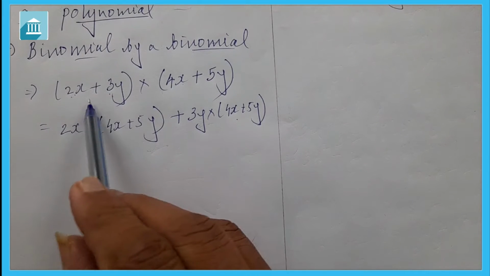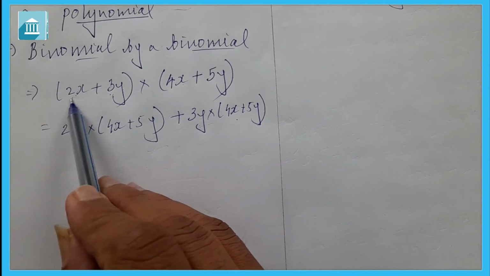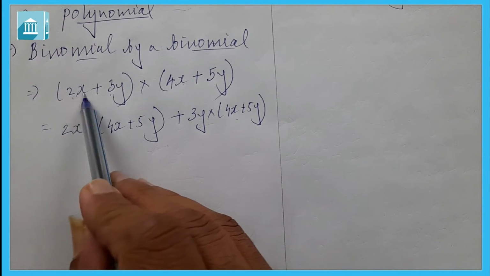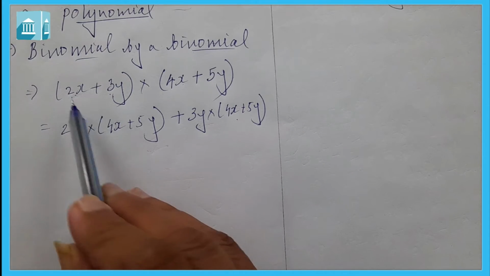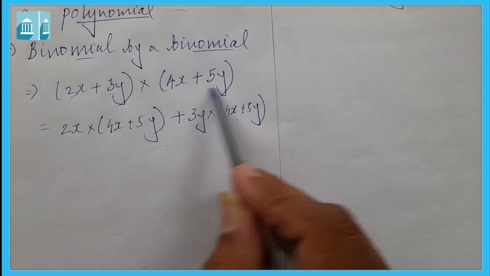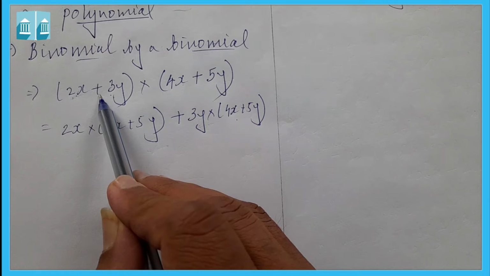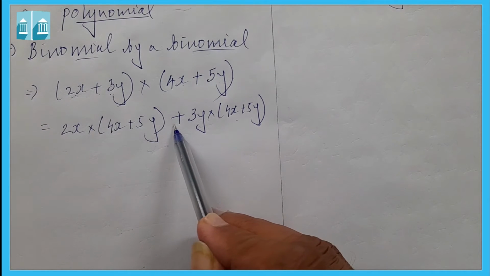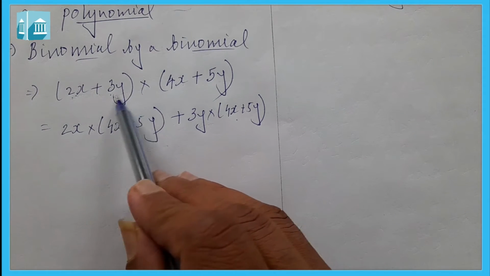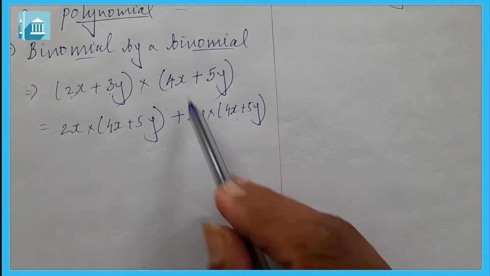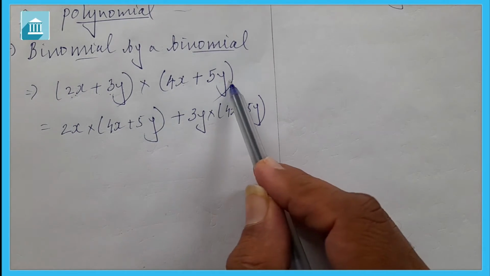So first let us take the first term of this expression, that is 2x, and multiply it with the whole expression. Then plus sign is there, so we write plus. Second term, that is 3y, again multiplied by the whole expression.